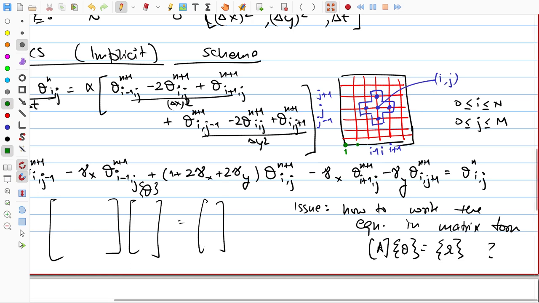Then it becomes 2, 3, 4, 5 and so on. I go all the way to n, and then when I go up, this becomes n plus 1 and so on, right? So this would become 2n plus 2, and then we'll keep counting. So we'll count from left to right, bottom to top. That allows me to write the theta values or refer to them using a single index. That will help me to write a vector of unknowns.